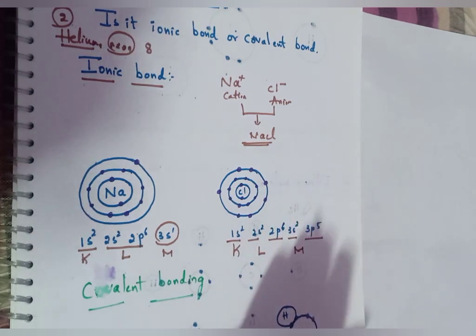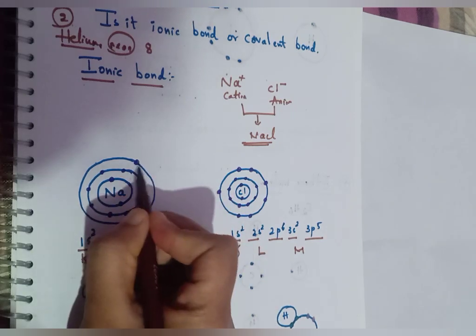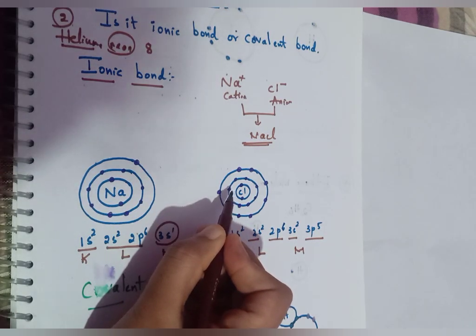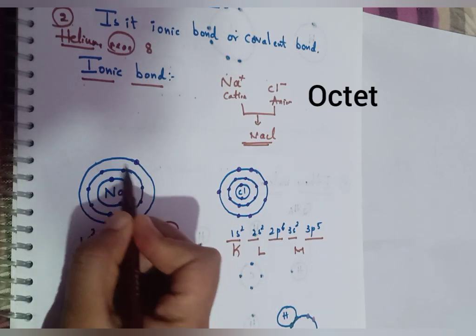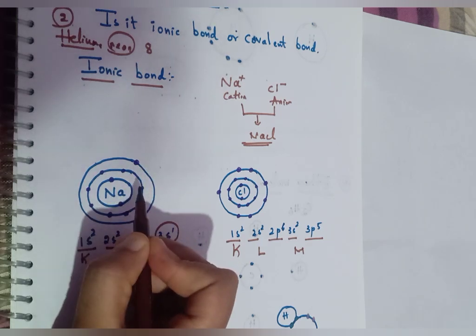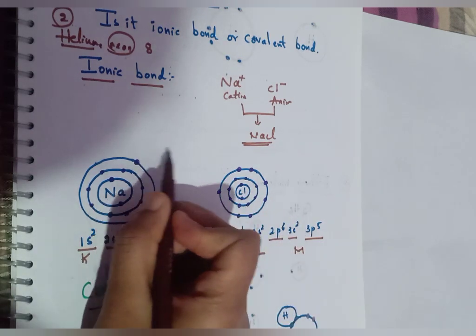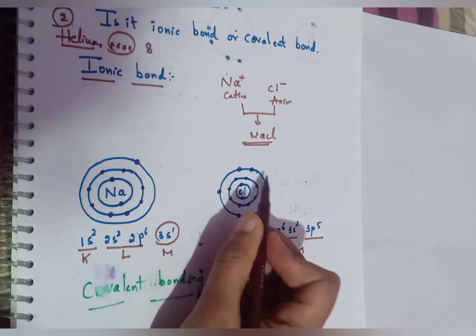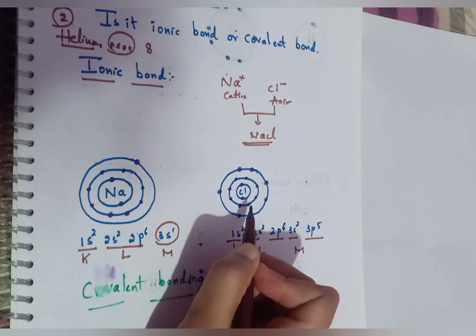Then how is it possible? So if the Na gives one of its outer electrons to the Cl, then its outer shell will contain 8 electrons. Then it will have noble gas configuration. If the Cl gets one electron from the Na, then it will get 8 electrons in the outer shell, then it will also attain noble gas configuration.